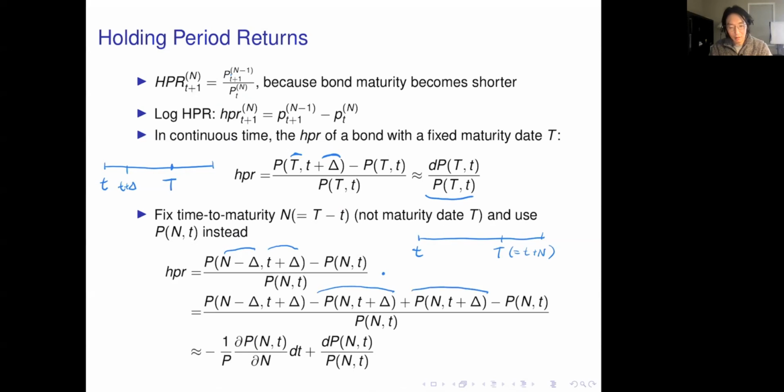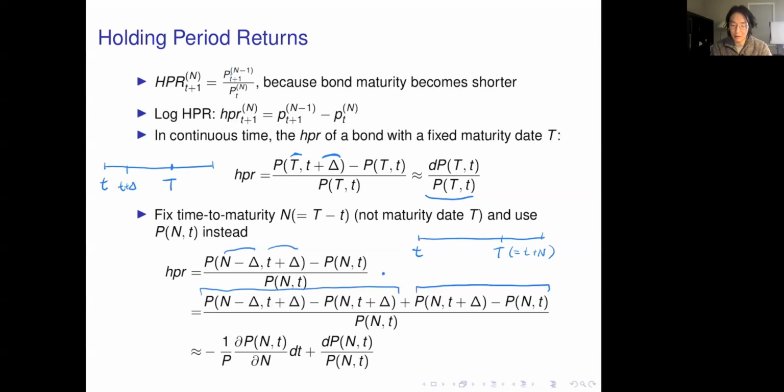Okay. So when you do this, the first part, this one, and the second part, let's take a look at the second part first, right? So the second part is basically keeping the maturity the same, the time to maturity the same. It is the change in the bond price in the next period, right?